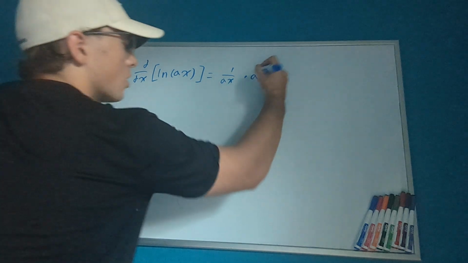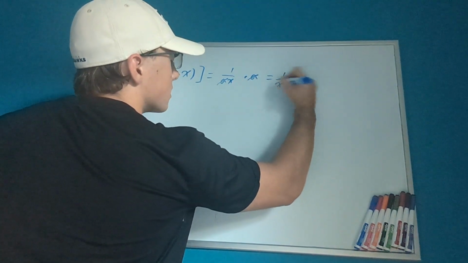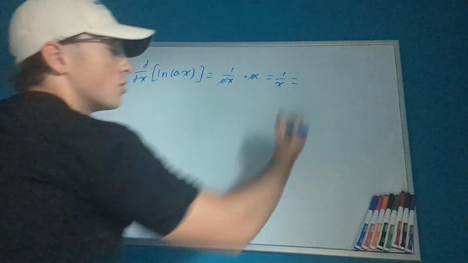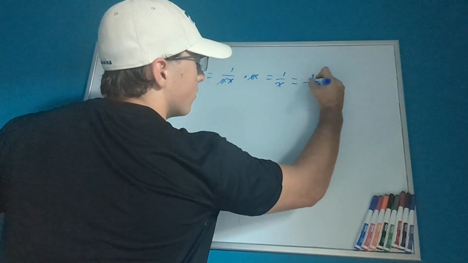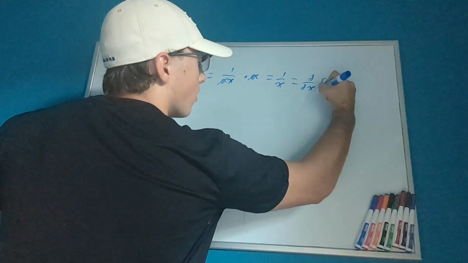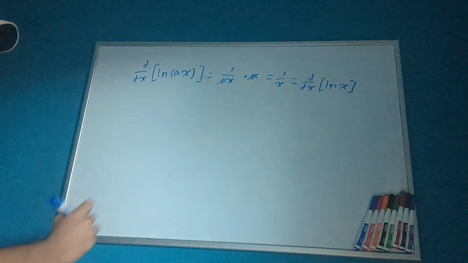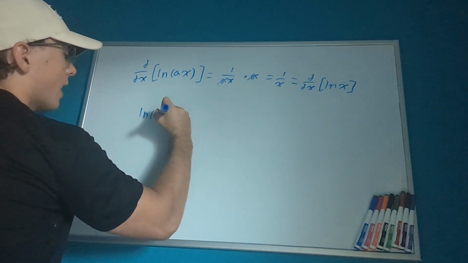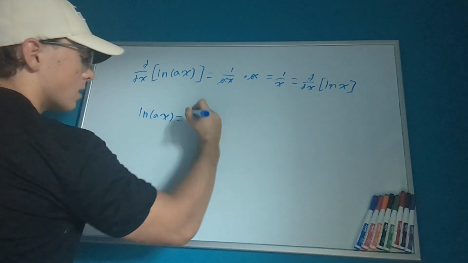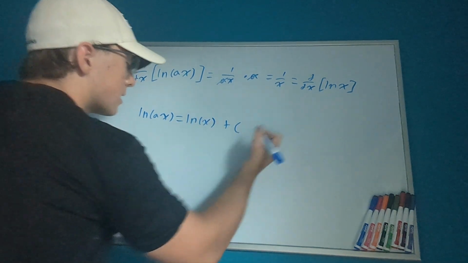So these a's will cancel out, and we get 1 over x. Then 1 over x just so happens to equal the derivative, d over dx, of the natural log of x. So once again, we can use the corollary to say the natural log of ax equals the natural log of x plus some constant c.